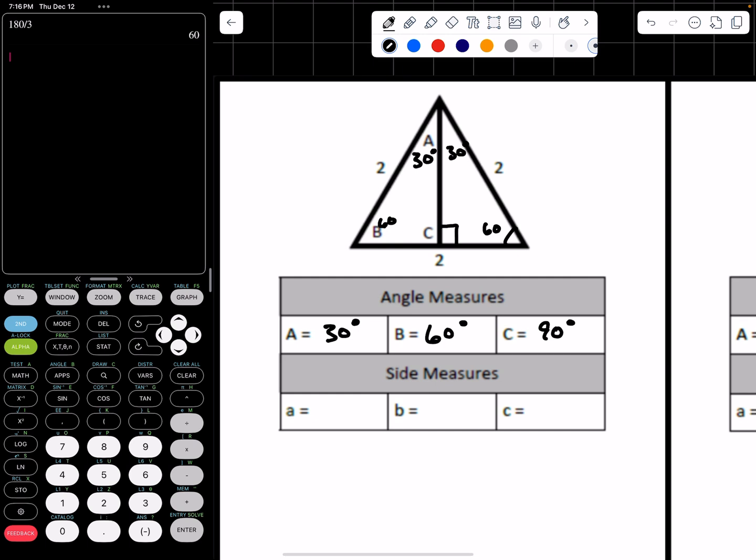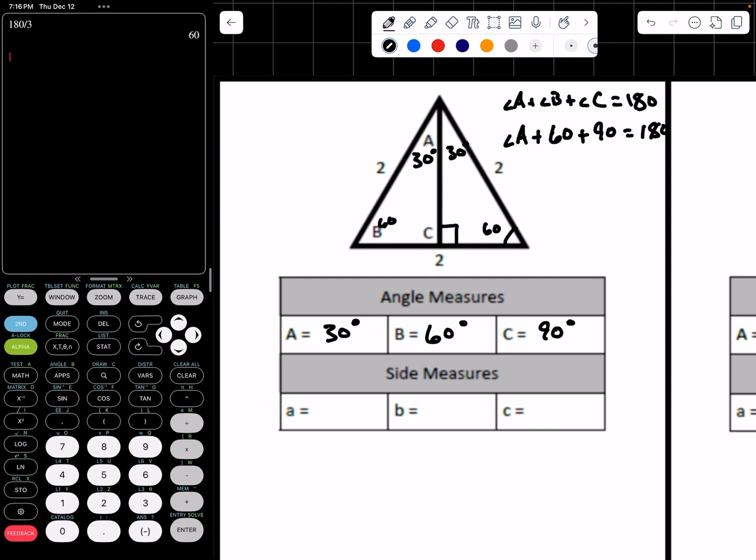Another way I can come up with that is I know that angle A plus angle B plus angle C all add up to equal 180. I know that angle B is 60. I don't know what angle A is, but I can work on this. Angle B I know is 60, and angle C I know is 90.